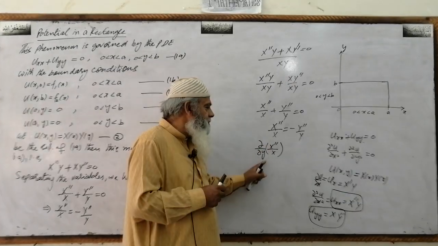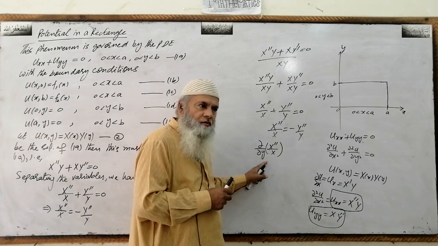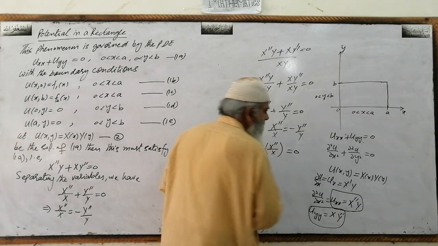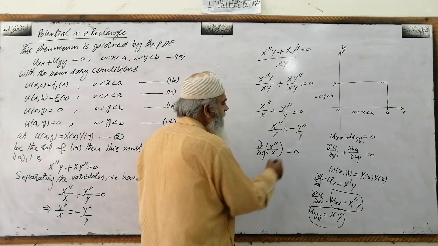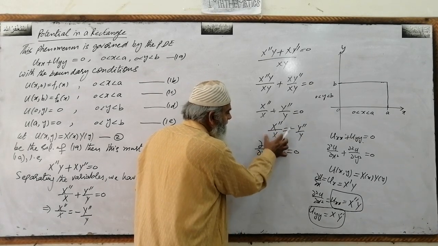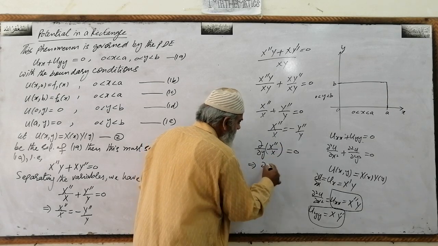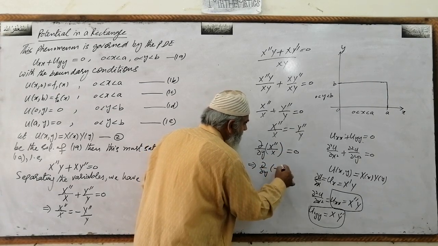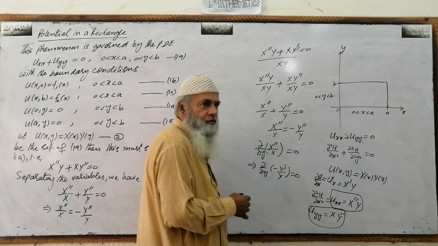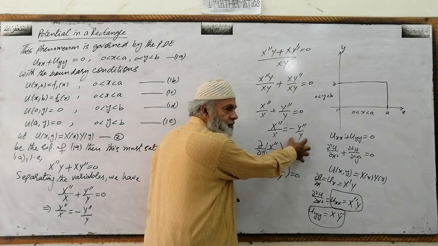So when you are taking its partial derivative with respect to y, it will become 0. Now if its partial derivative with respect to y is 0, obviously the partial derivative of the right hand side with respect to y will also be equal to 0, because this is equal to this.